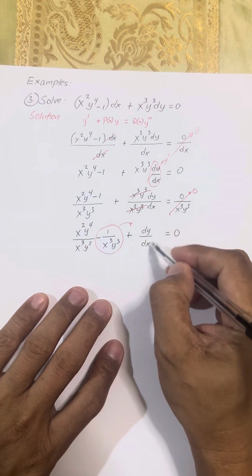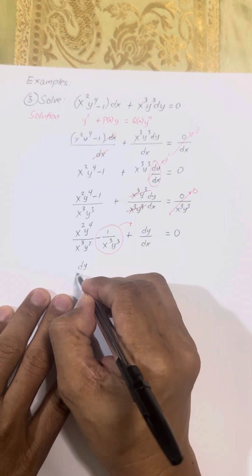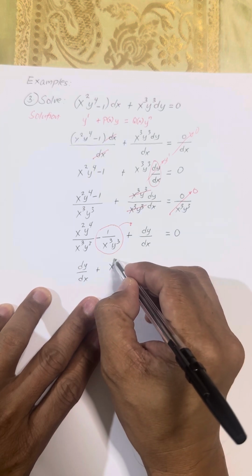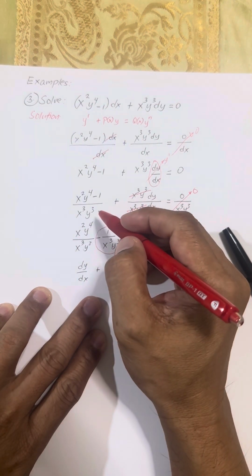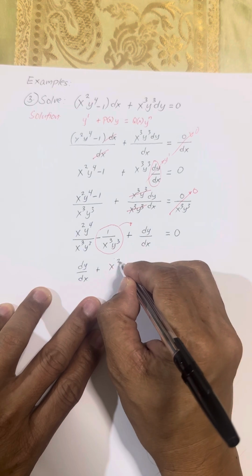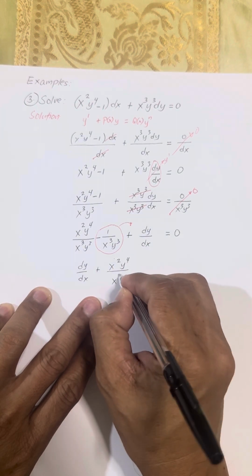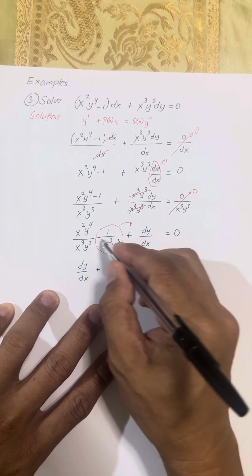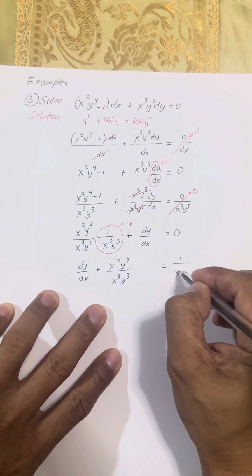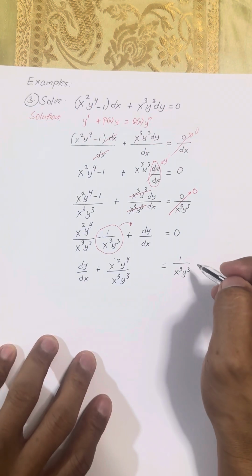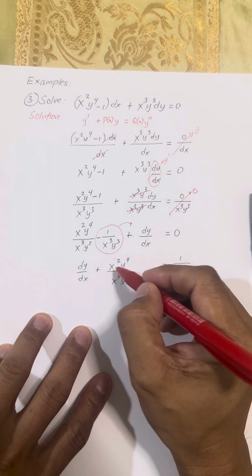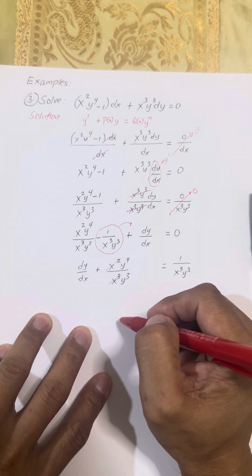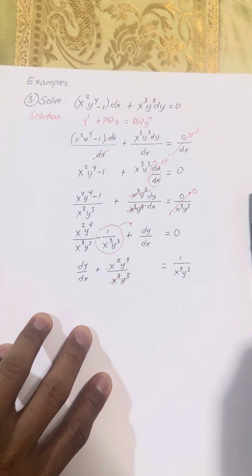Now rearranging and transposing this to the other side, we write dy over dx first, plus x squared y to the fourth over x cubed y cubed, equal to, this becomes positive, 1 over x cubed y cubed. Then we have x squared over x cubed, and y to the fourth over y to the third power.